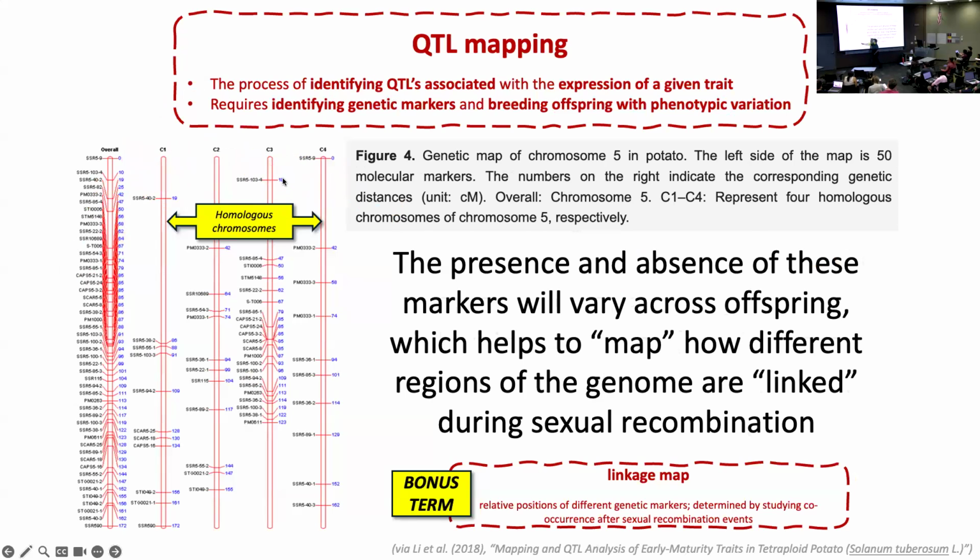We see that not all of these 50 markers show up in all of these potatoes. That's what I mean by they vary across the population. So some potatoes have some of the markers, some potatoes have others.